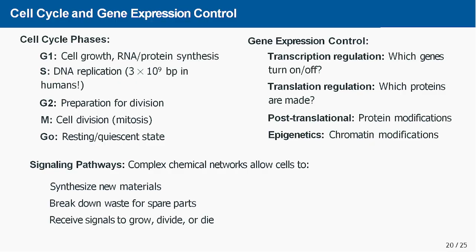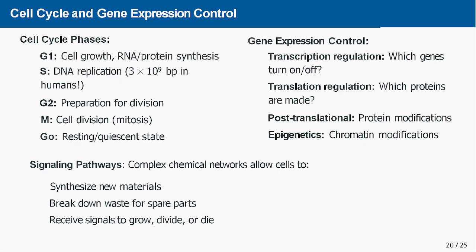Then cell cycle and gene expression control. We have different cell growth cycles, G1, S, G2, M, G0, and we have different signaling pathways, a complex chemical network that allows the cell to synthesize new material, break down waste for spare parts, and receive signals to grow, divide or die.